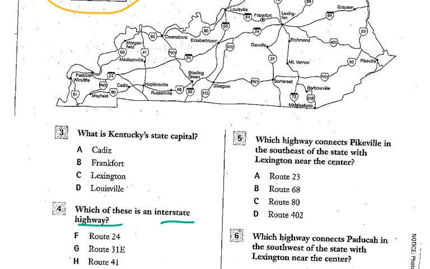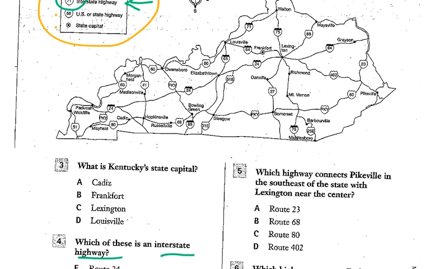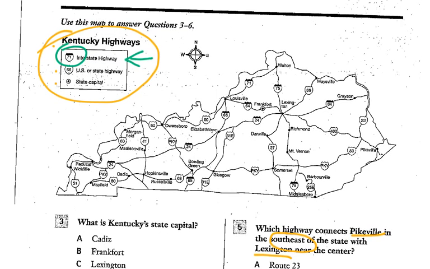Number 5, which highway connects Pikeville in the southeast of the state with Lexington near the center? So you're looking for Pikeville and Lexington. So Pikeville is in the southeast. Use your compass. And Lexington is near the center, so make sure that you find those two.